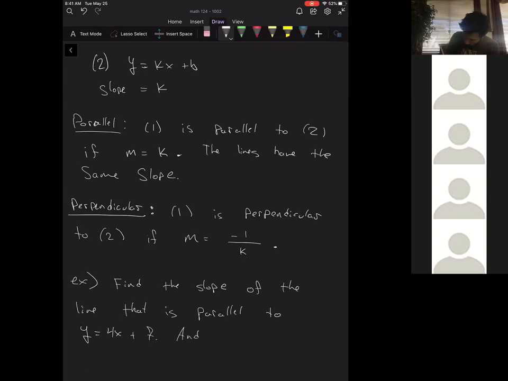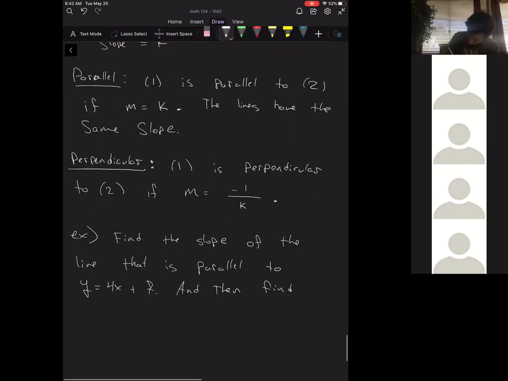And then find the slope of the line that is perpendicular to y is equal to 4x plus 7.